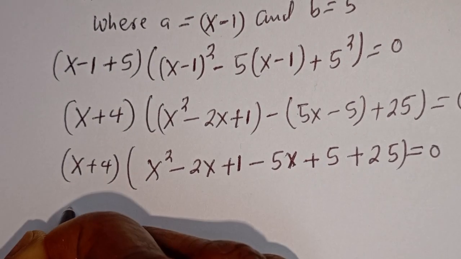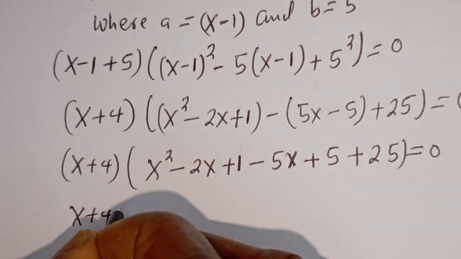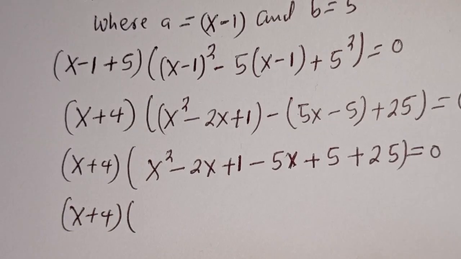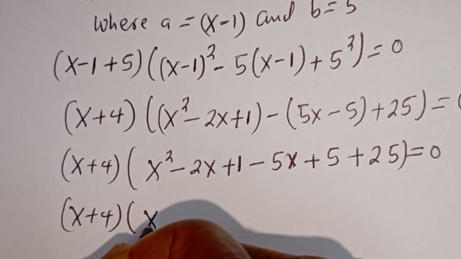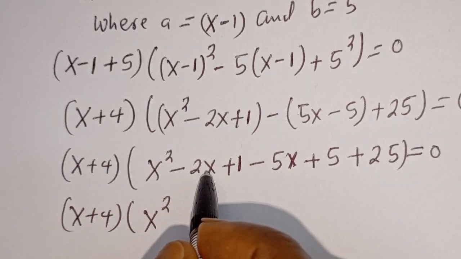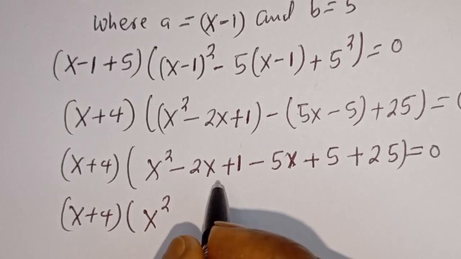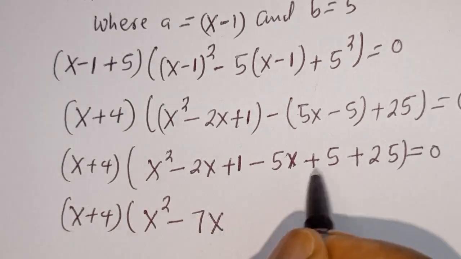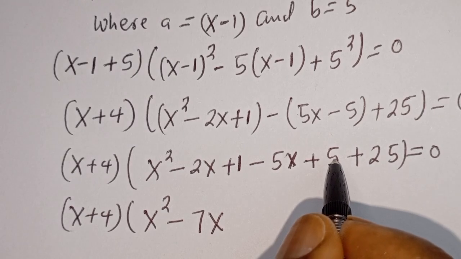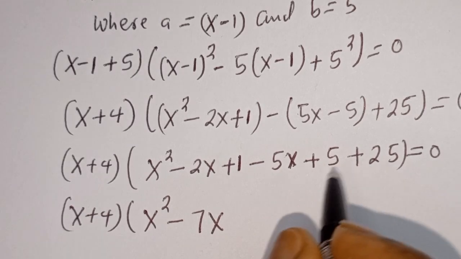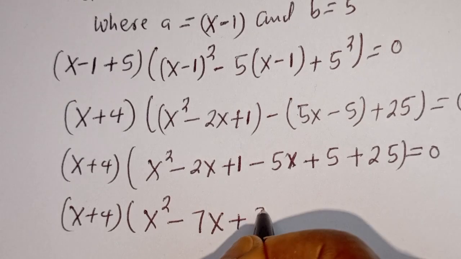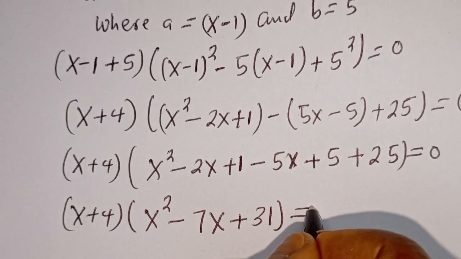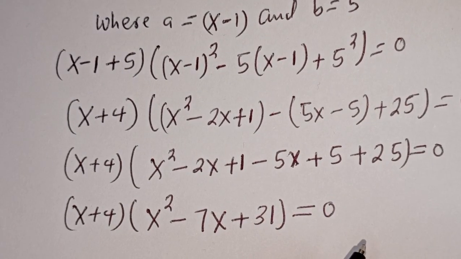Then here we have (x plus 4)(x squared, we have minus 2x minus 5x, this is minus 7x, here is 1 plus 5, that is 6, plus 25, is plus 31) is equal to 0. There are two cases here.